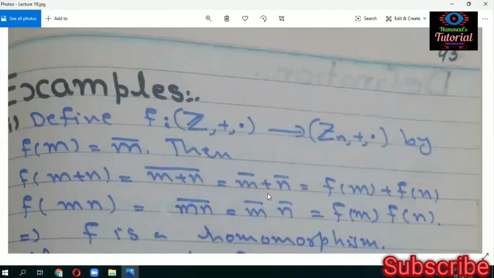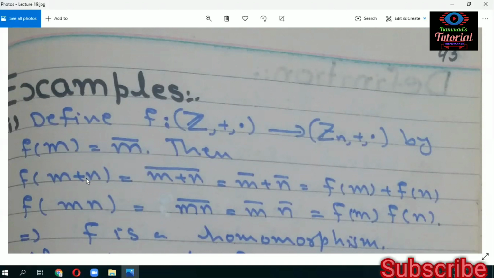Now we discuss some examples of ring homomorphism. We define f from the ring of integers to the ring of modulo classes n, such that any integer m is mapped onto the modulo class determined by that element m, that is f of m is equal to m bar.